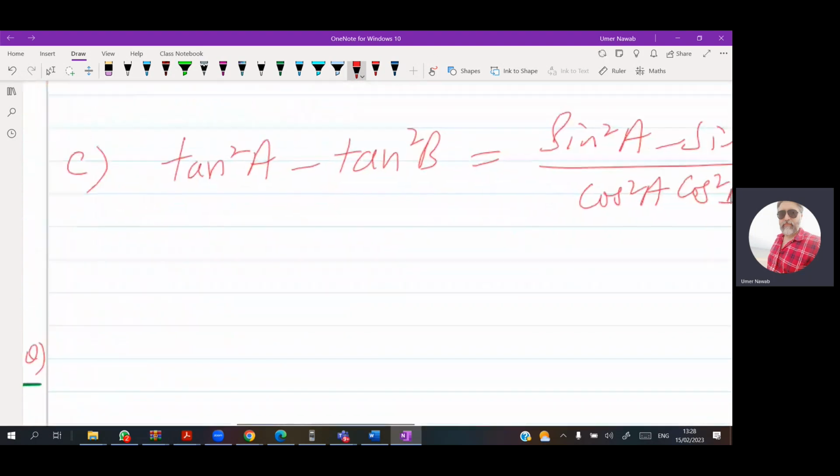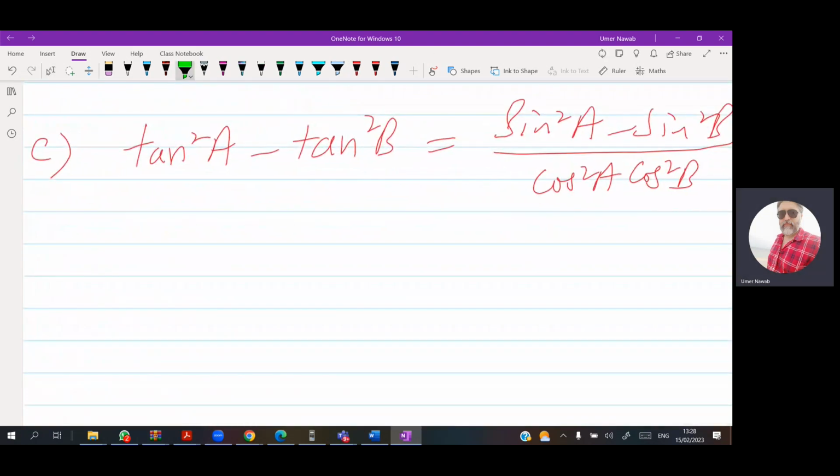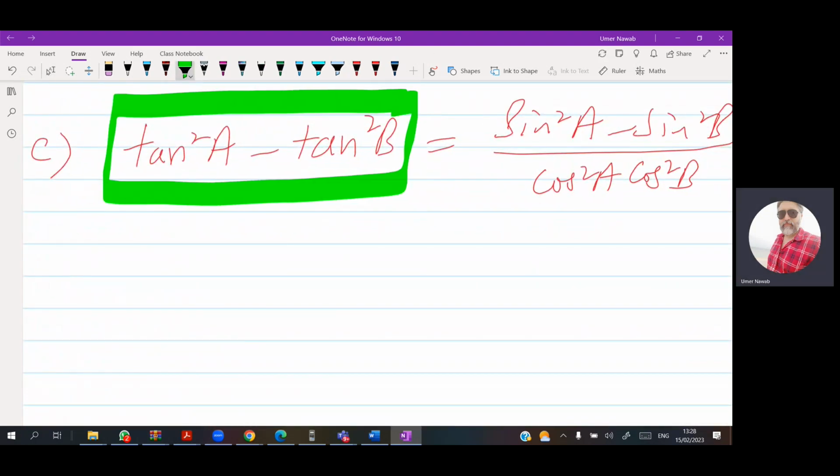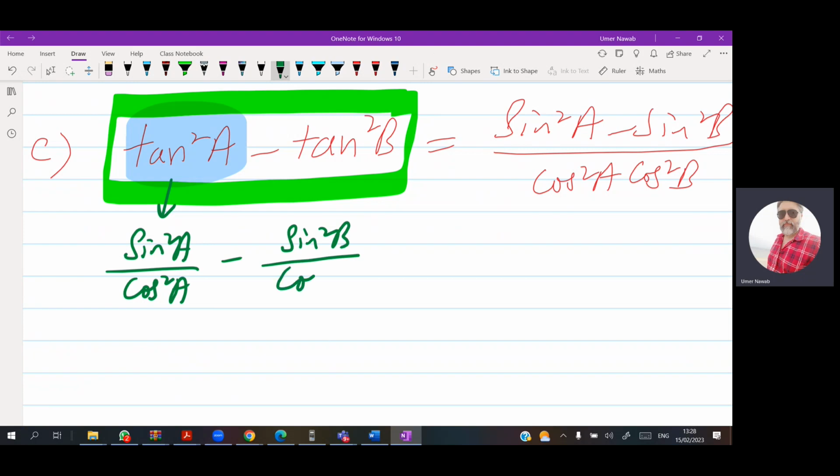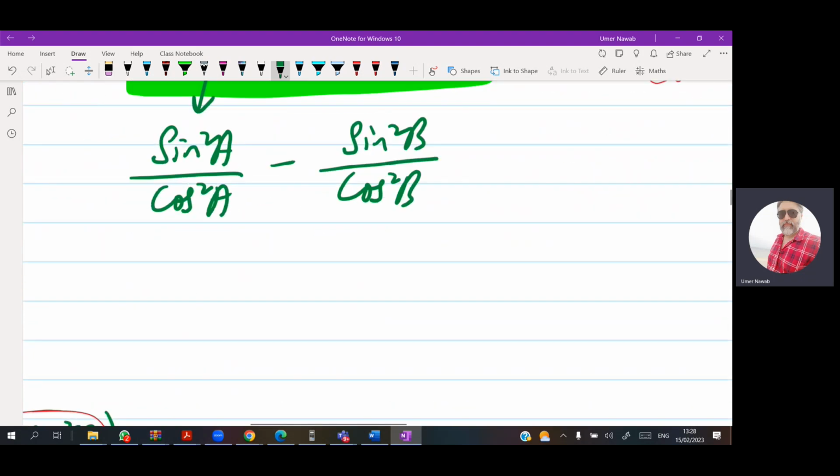I can take my left-hand side. This is my left-hand side, and you remember the quotient identity from AS level: tan square can be written as sine square A over cosine square A minus sine square B over cosine square B.